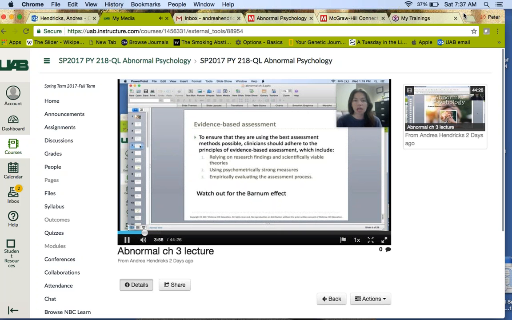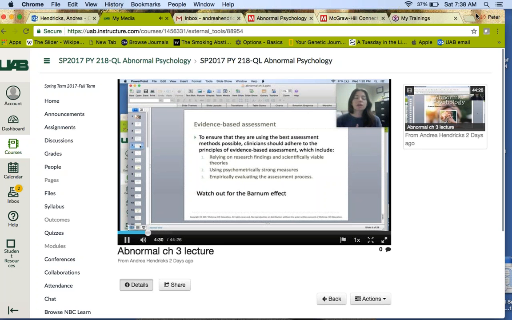We use psychometrically strong measures, meaning they have sound standardization and sound scoring. And we want to empirically evaluate the assessment process. So we want to make sure we are doing it in a standardized way, that the person speaks the language they're supposed to speak for this assessment, and that the person is from cultures that this assessment has been measured on.